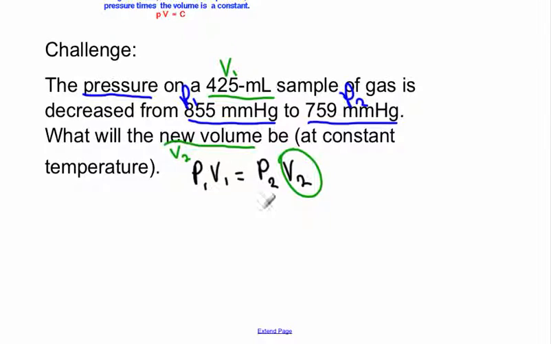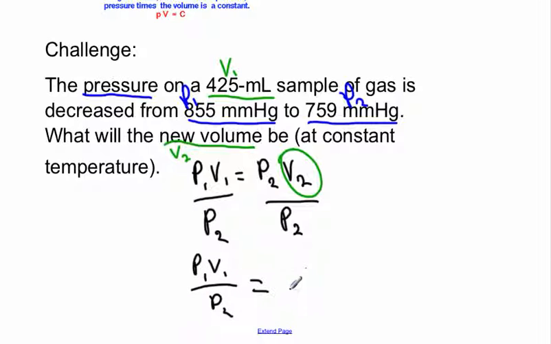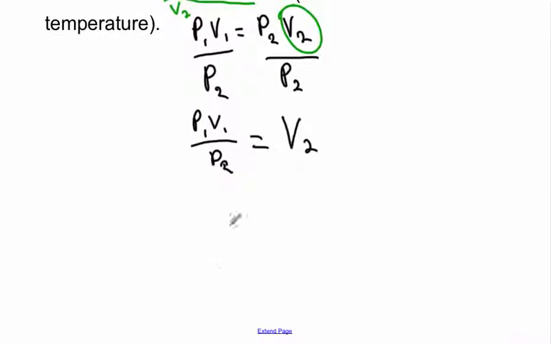Now before we plug in, we can rearrange this equation to get V2 by itself. So all we got to do is divide P2 on both sides, and so we have P1 times V1 divided by P2 will give us the new volume. Okay, so now all we have to do is plug and chug. So let's plug in our numbers here.